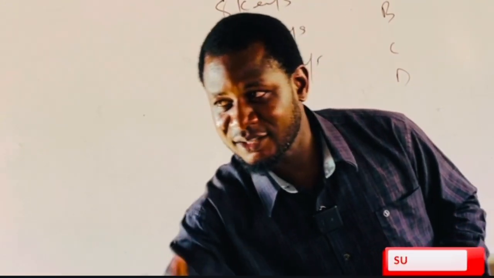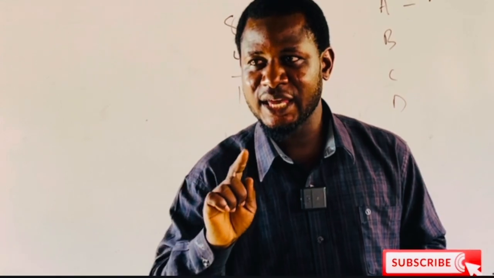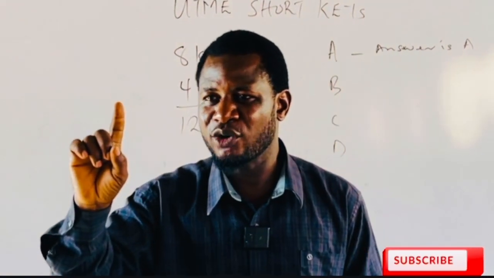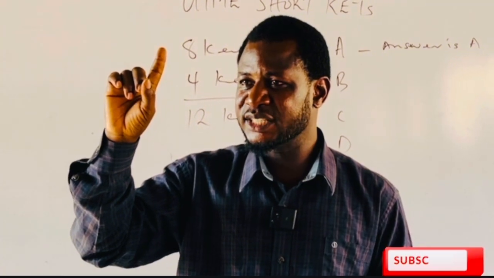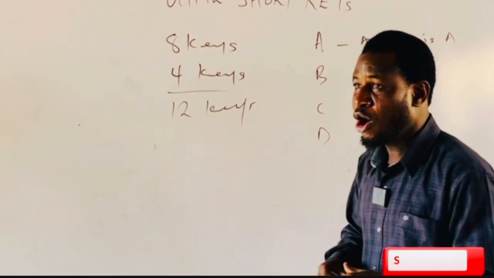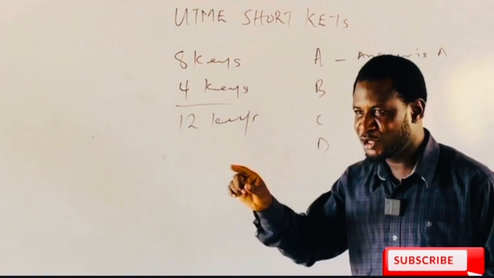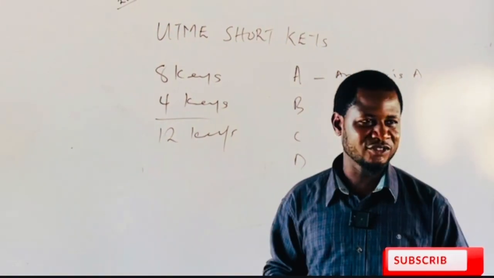Instead of dragging the mouse, just strike A on the keyboard. Immediately, option A will be highlighted on the system. If the answer is B, or you read again and think no, it's not A, it's B, just press B. You don't need to erase. That's the beauty of CBT.